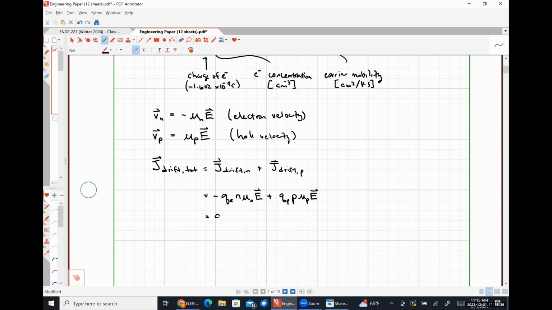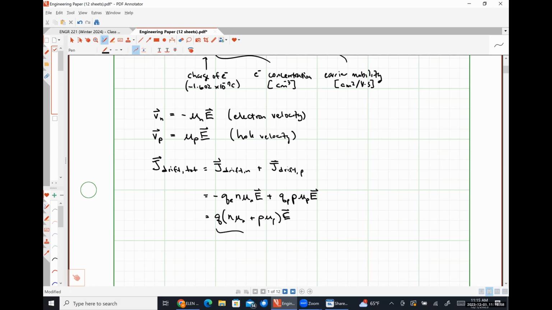This is going to be more formally written as Q times N mu sub N plus P mu sub P times E, where we're effectively getting rid of the negative sign by observing that they're flowing in opposite directions.